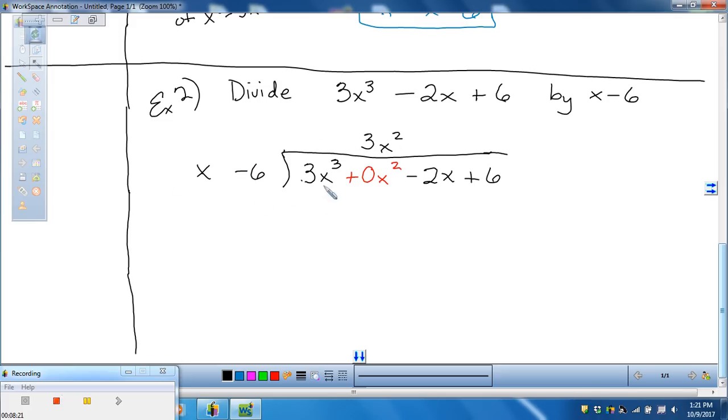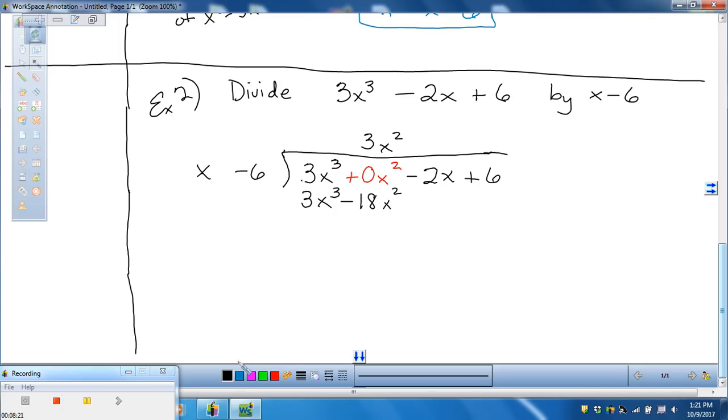So that first term is exactly the same. Now we multiply it times the minus 6, so 3 times the minus 6 is a minus 18, and then x squared, no x's here, so we'll just end up with an x squared.